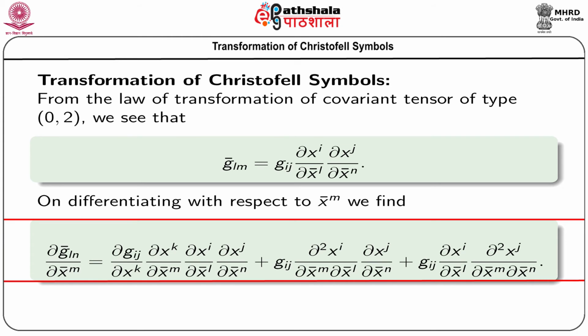So, we are doing ∂g_{ij}/∂x^k ∂x^k/∂x bar^m and then ∂x^i/∂x bar^l ∂x^j/∂x bar^n plus g_{ij} ∂²x^i/∂x bar^m ∂x bar^l ∂x^j/∂x bar^n plus g_{ij} ∂x^i/∂x bar^l ∂²x^j/∂x bar^m ∂x bar^n.